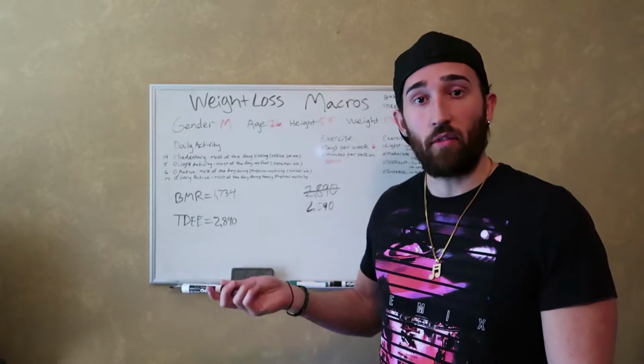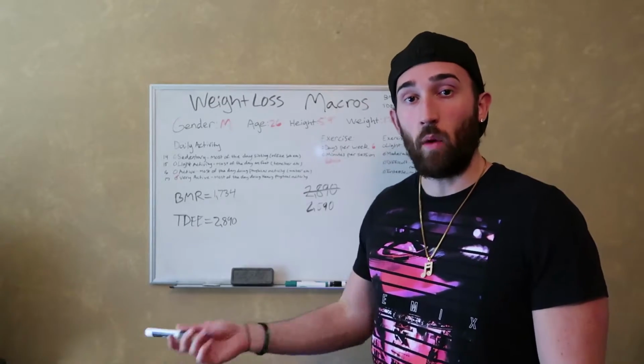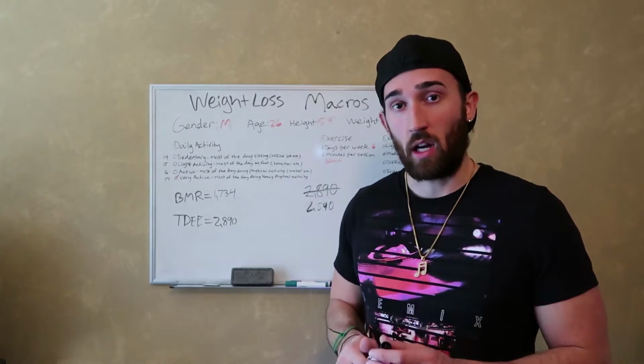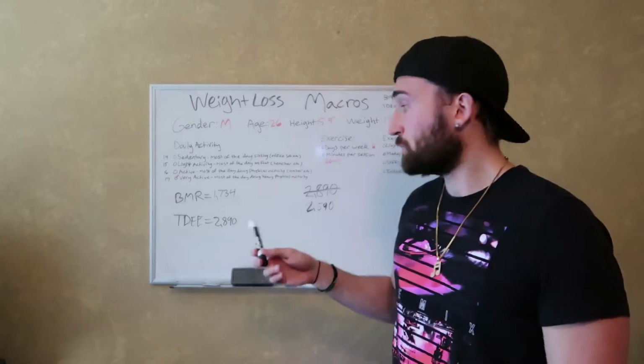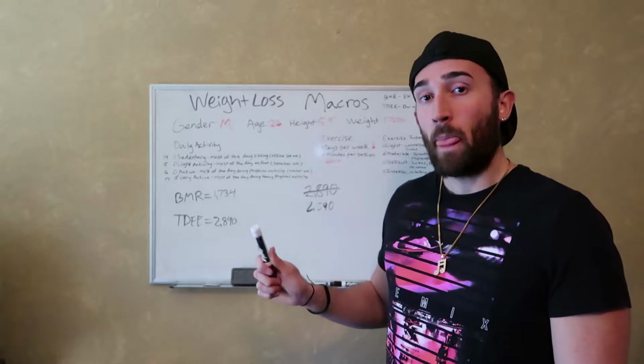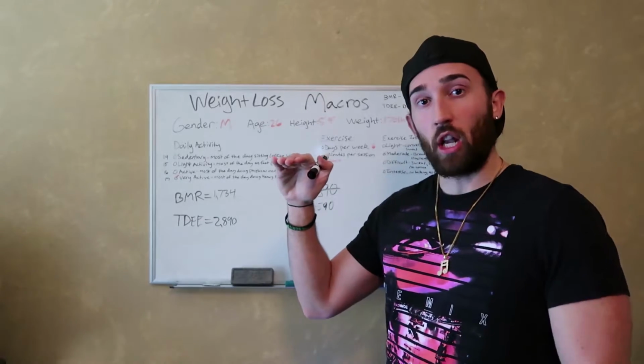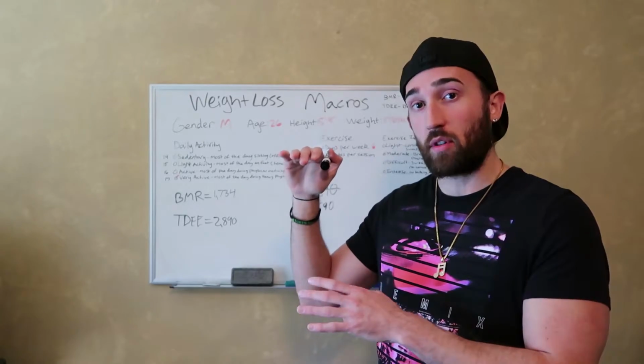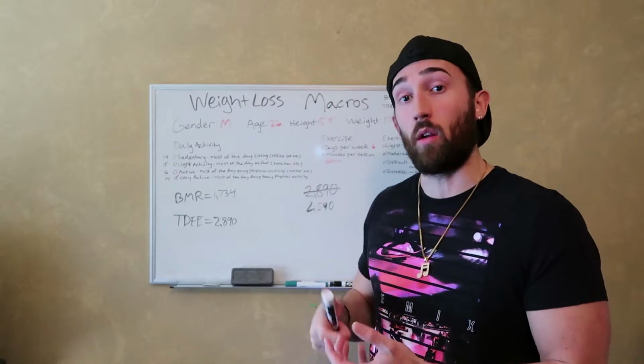This is where it gets different between cutting and weight loss. If you're cutting, you want to maintain as much muscle as possible. You want to keep as much muscle on you. So your protein is going to be at a certain level until you drop enough weight to where you're in a lower body fat percentage. You're going to want to up the protein to hold on to muscle.